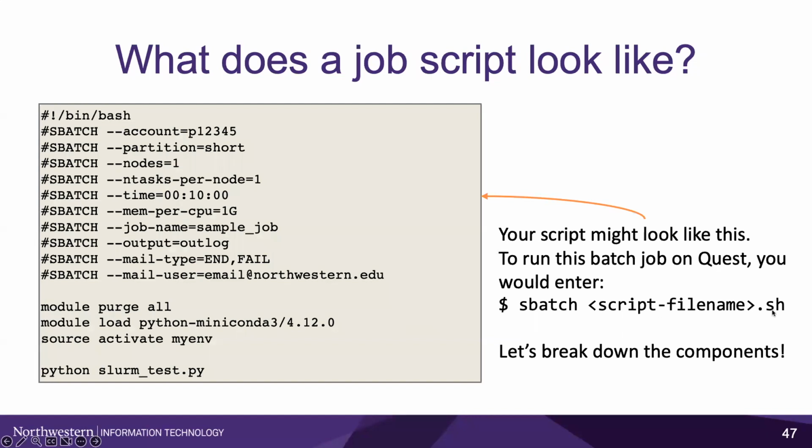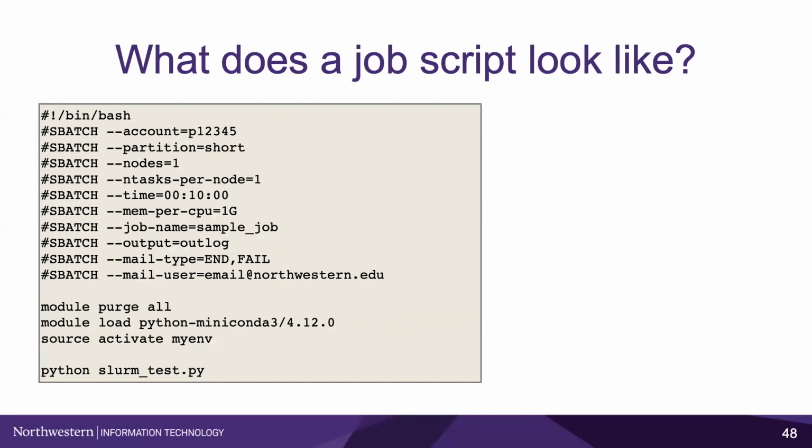So this will be the submission command. In the following section, I'll be talking about how you can set up the contents of this submission script. So first, let's break down the different components of this script.